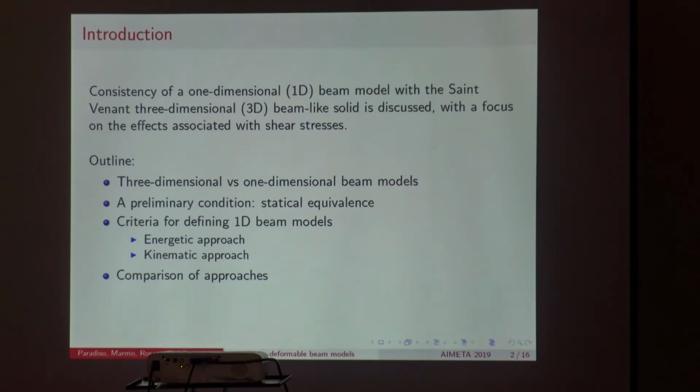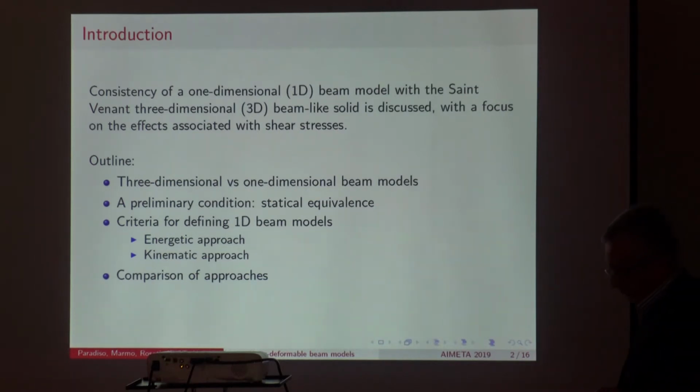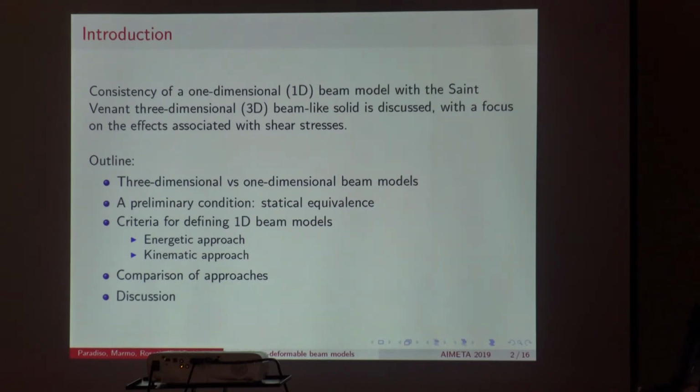I mean the criteria that are usually exploited in the literature to guarantee that the deformation, the deflection of the beam model is equivalent to the 3D one according to an energetic or a kinematic approach. And then we prove that this can be arranged in such a way that you can, at the same moment, fulfill complete equivalence, both in terms of energetic approach and a kinematic one.